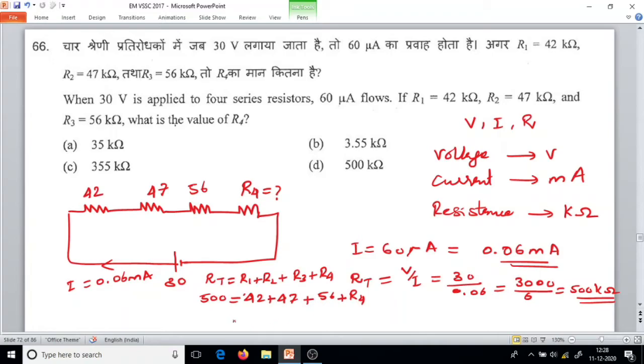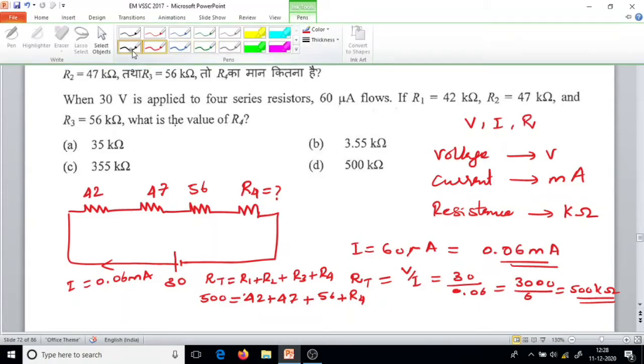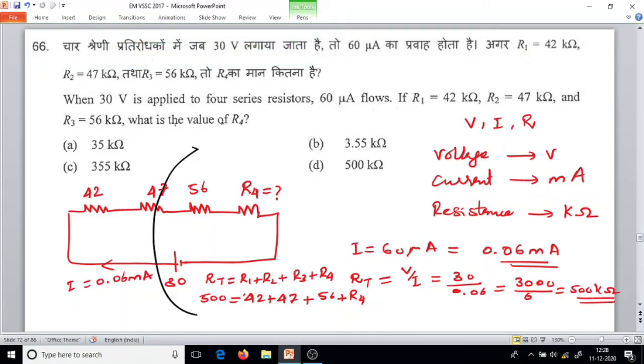R4 equals 500 minus the sum of these three. 42 plus 47 plus 56: 42 plus 47 is 89, plus 56 is 145. 500 minus 145 is 355.